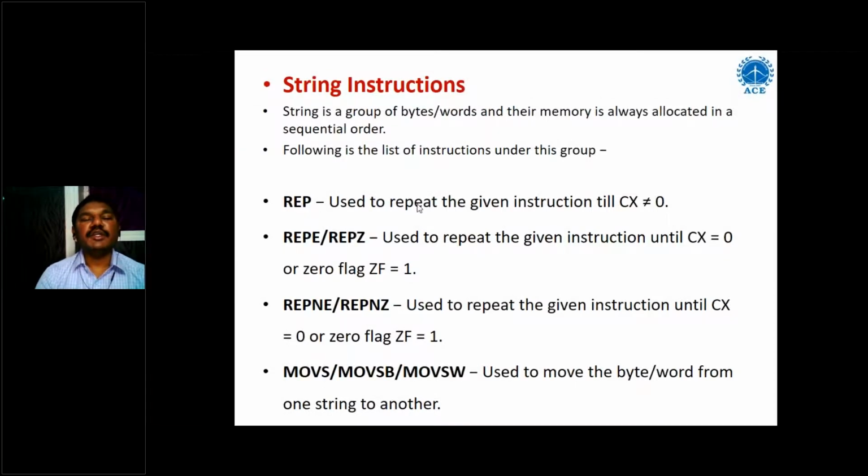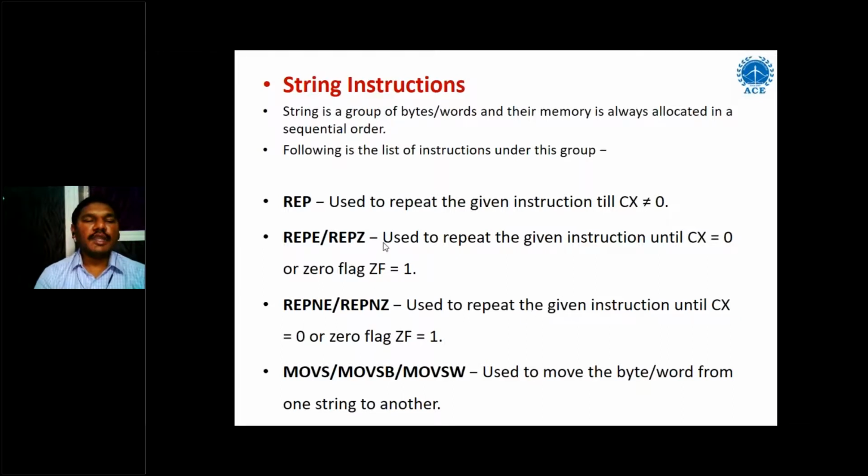For example, the REP instruction is used to repeat the given instruction until the counter is 0. How many times the same operation must be repeated is a value stored in the CX register. Why only the CX register? Because CX is called the counter register.